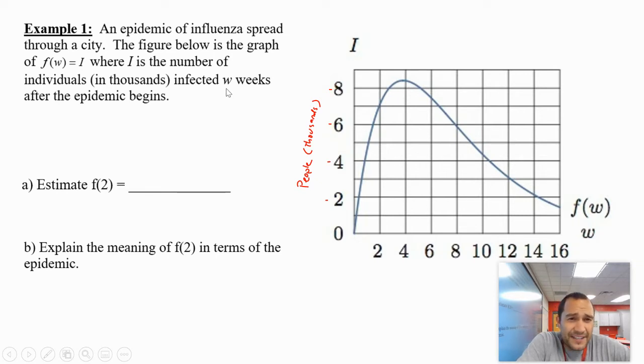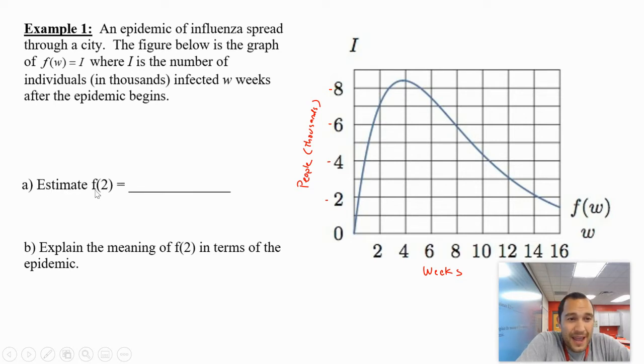And it says infected W weeks after the epidemic. So this down here is weeks. We've got 2 weeks, 4 weeks, 6 weeks, 8 weeks, 10 weeks, and so on. So this graph tells us how many people have been infected as we go on. So at 16 weeks, this is how many people infected and so forth.